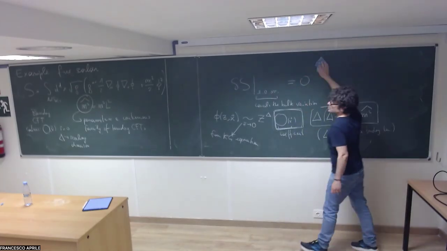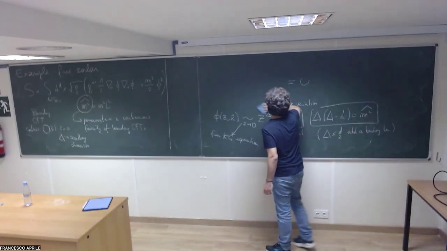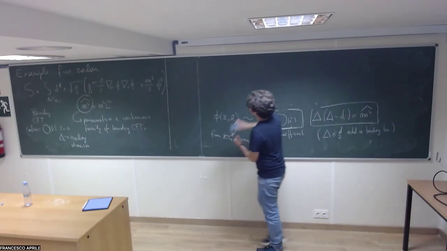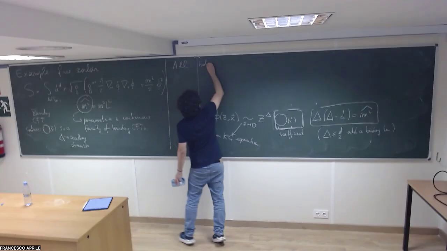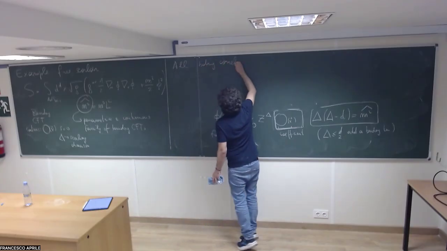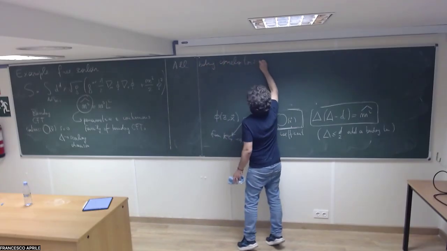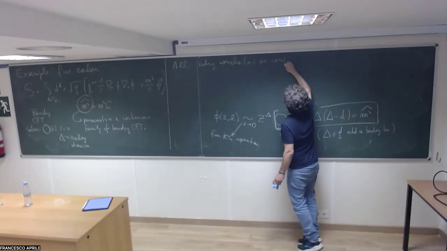It's a very simple set of correlation functions. All boundary correlators are computed by Wick contractions.